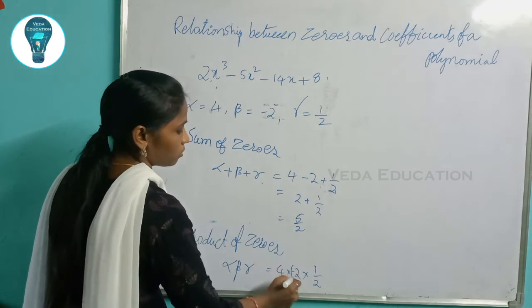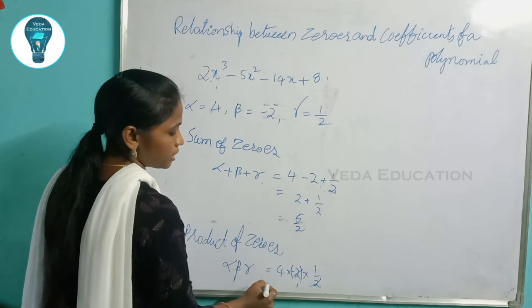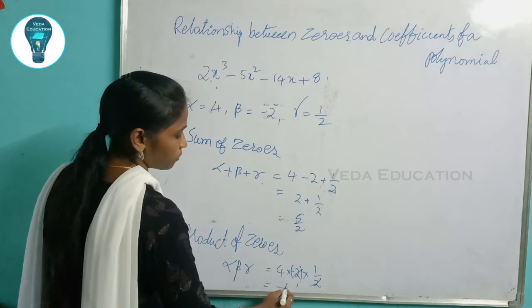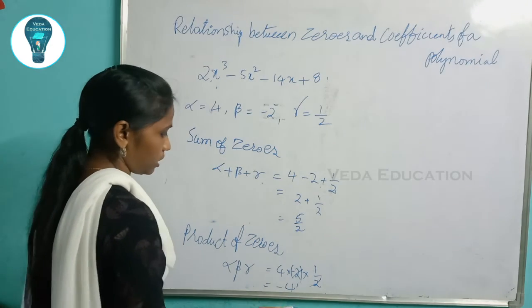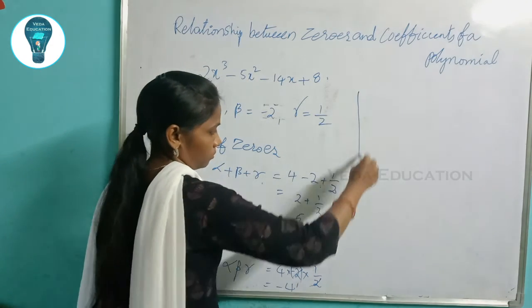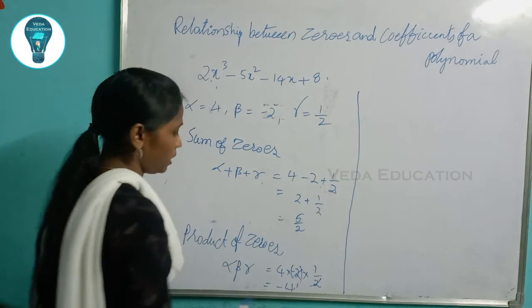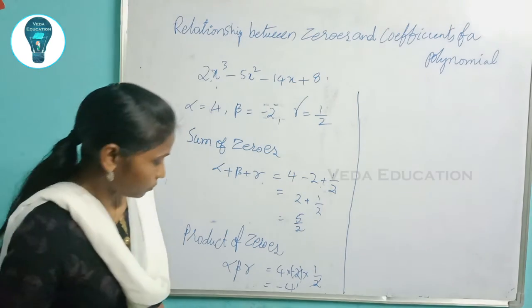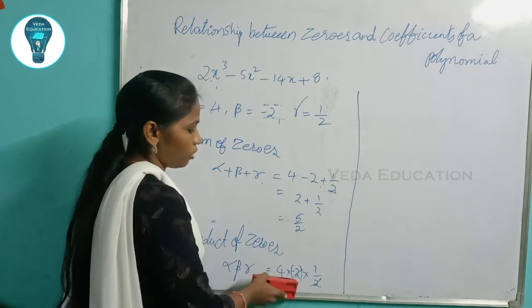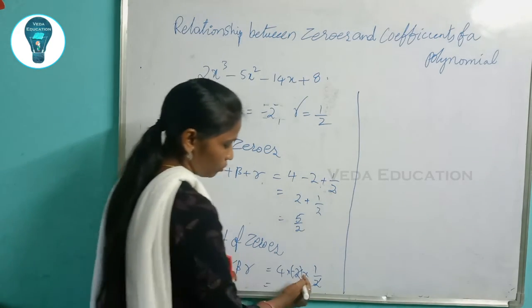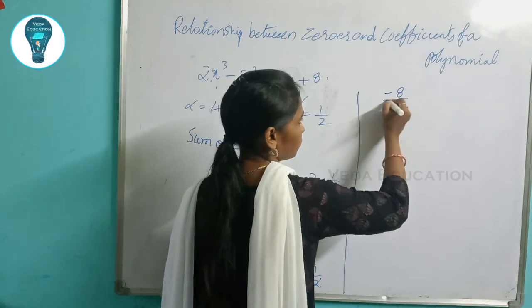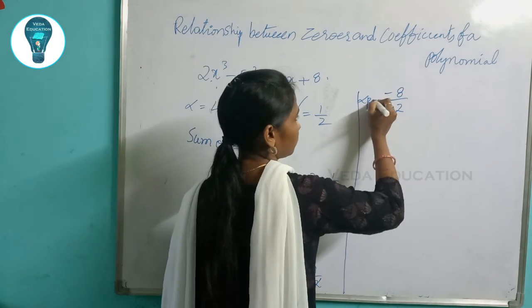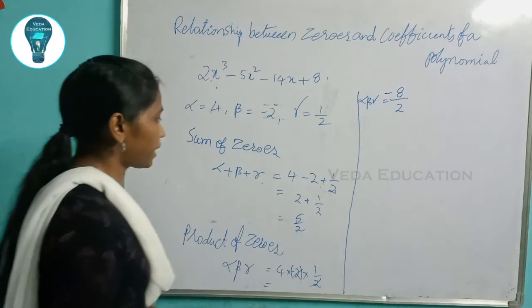The 2s get cancelled, and 4 into minus 1, you will get minus 4. Or else you can write this one as minus 4. Or 4 twos are 8, so 8 by 2, you can also write minus 8 by 2. Alpha, beta, gamma. Okay.